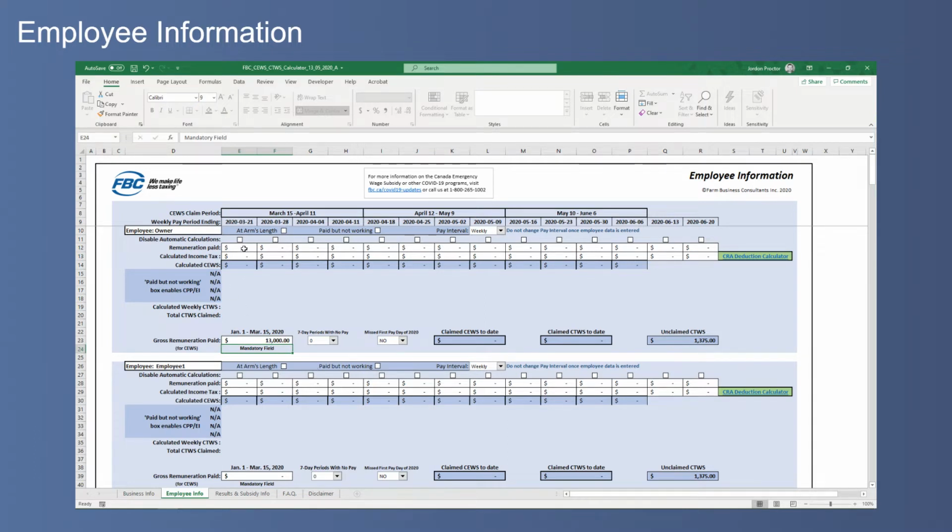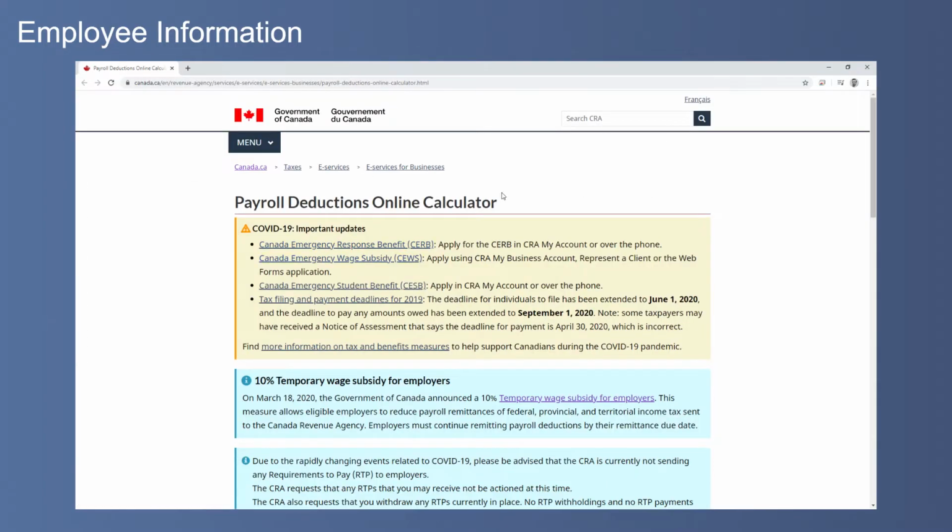All right, for this example, we are going to enter $1,000 for each pay period. We're going to just make sure that's the same for 5. When calculating the income tax, we want to be sure to use the CRA deduction calculator. We can hit that green link on the right, and that's going to take us to the CRA's calculator.